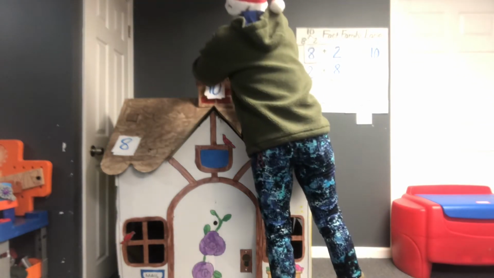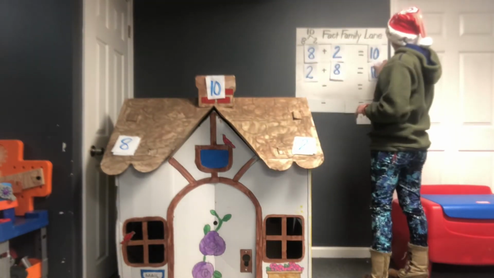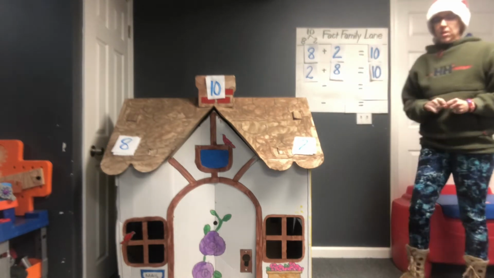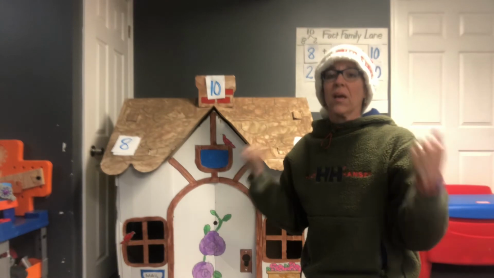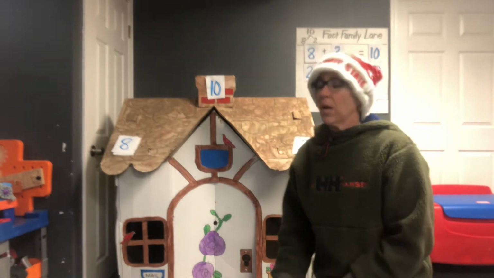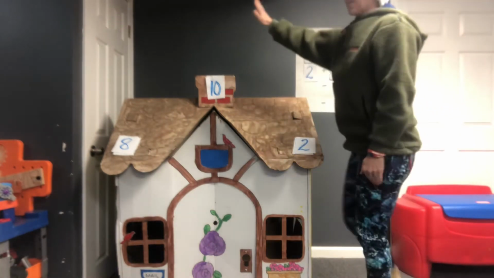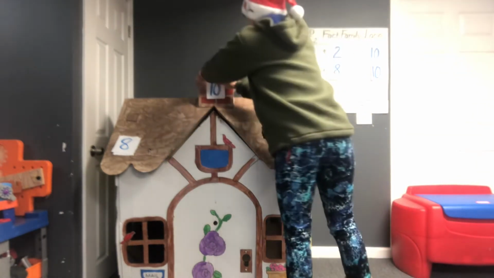Now, friends, I know we've only been working with subtraction for a while, but we're starting to get the hang of it. When I'm subtracting, I have to start with that greatest family member. And I'm starting with this guy that's up here on the chimney. So I'm going to start with my 10.